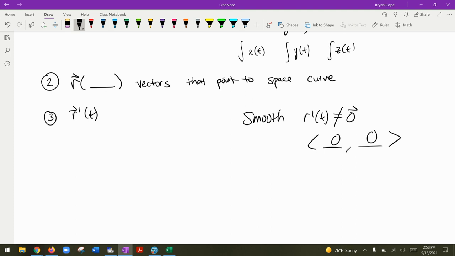But if I curl it in a lot, then in that same time increment, the tangent vector is going to turn a lot. And so a lot of curvature is a lot of rate of change of the tangent vector. But what is the rate of change of the tangent vector? Second derivative. So there's some interesting stuff there. The curvature is related to that. Whereas if I have a very slight curvature, the tangent vector is not going to change very fast at all.